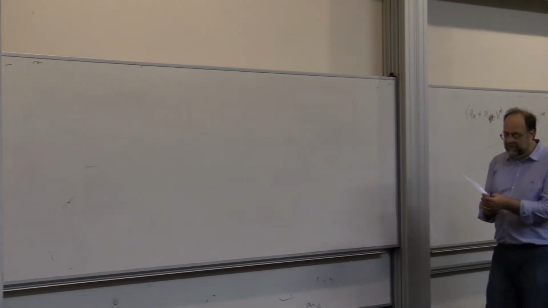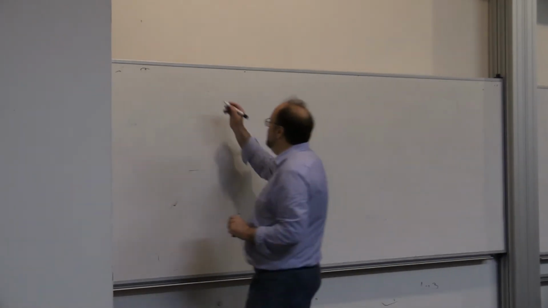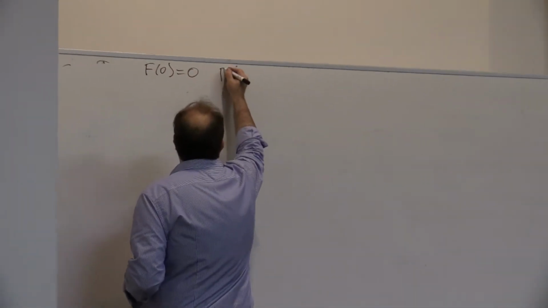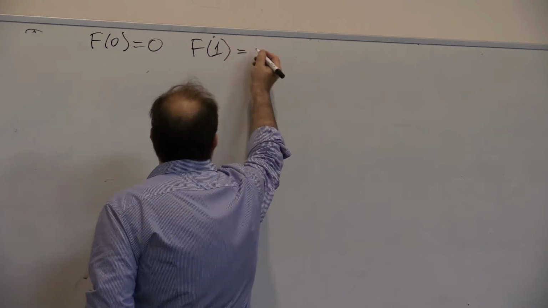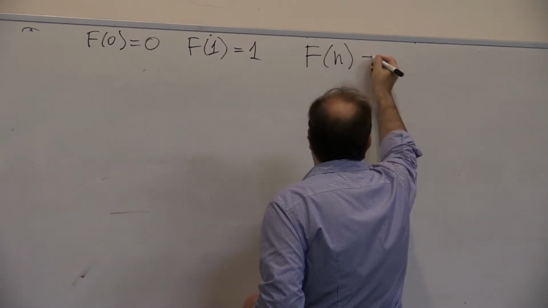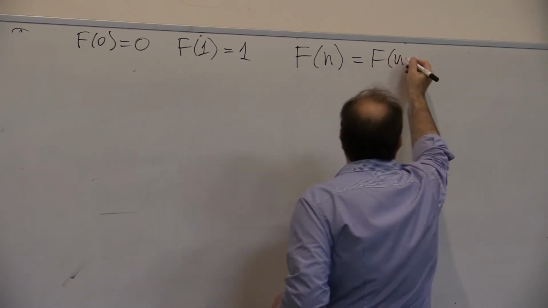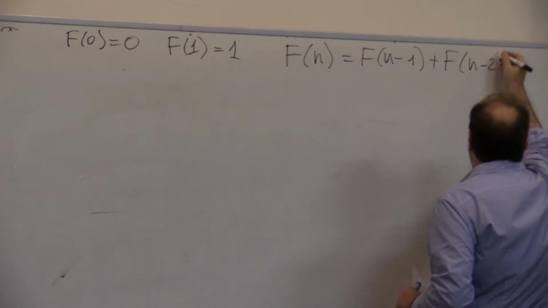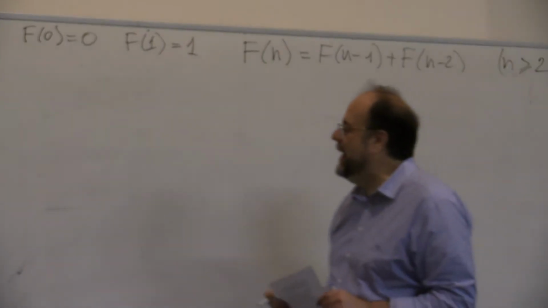So what is the Fibonacci sequence? Fibonacci sequence is F0 is 0, F1 is 1, and then F of n is equal to F of n minus 1 plus F of n minus 2 for n bigger or equal than 2. Right?